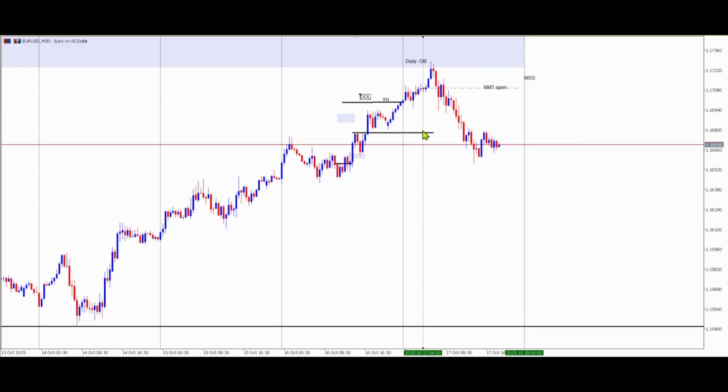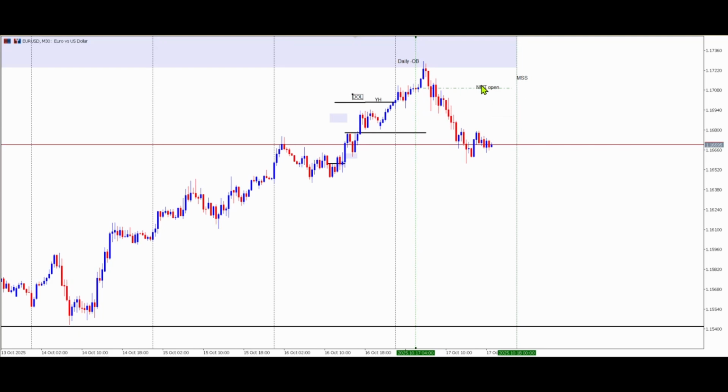This vertical line delineates our New York midnight time candle right here. This NMT is our New York midnight time open price level right here.